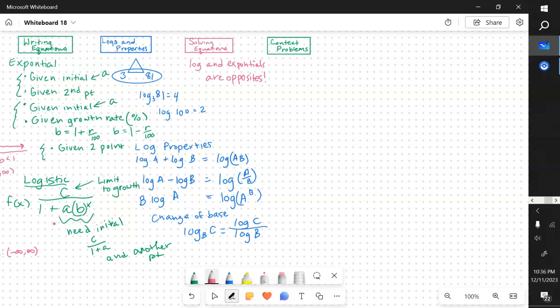If it's a log, we blow it up by raising it to a power, and if it's an exponential, we get rid of it by logging both sides of the equation. So logs and exponentials are going to be tools to undo each other. That's what inverses mean.